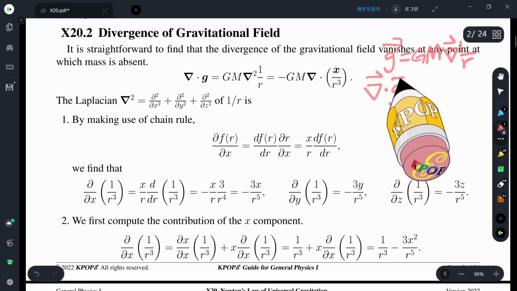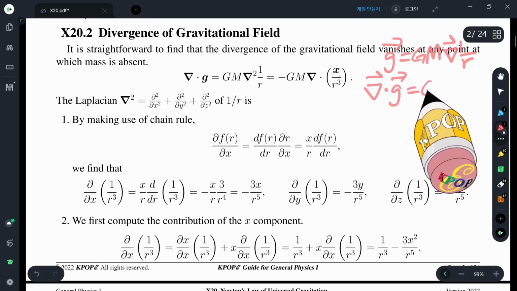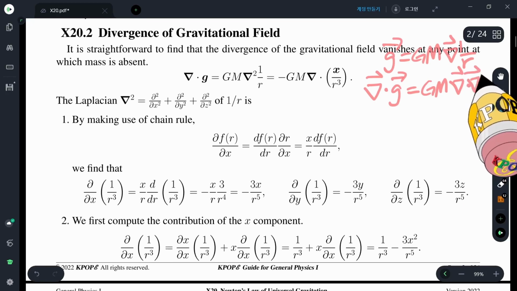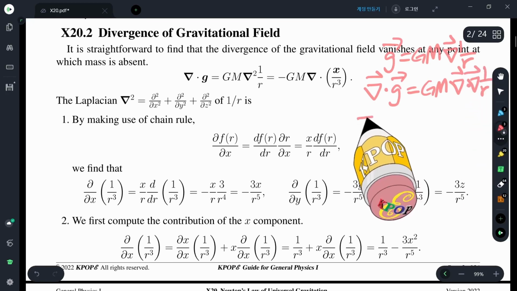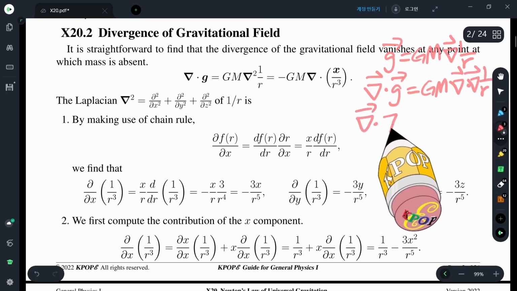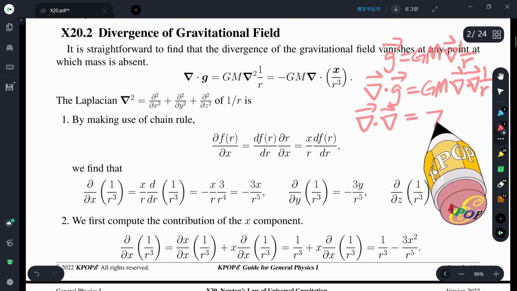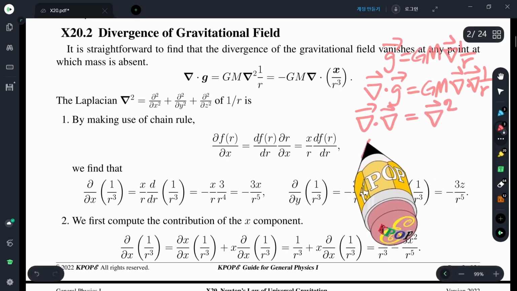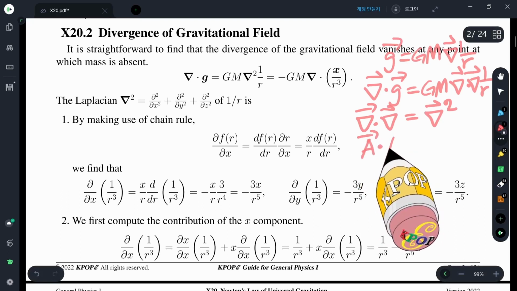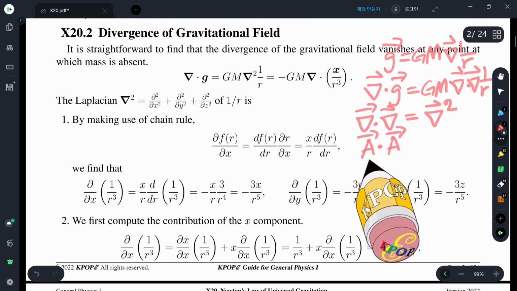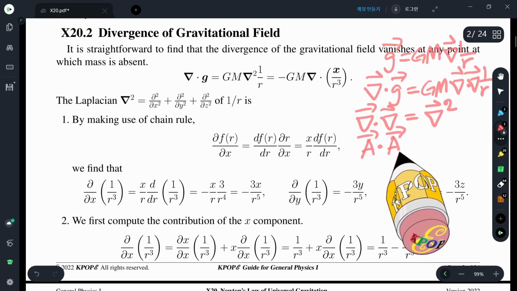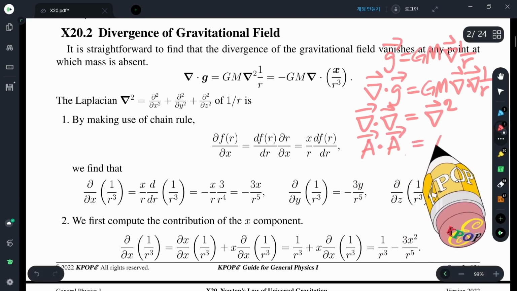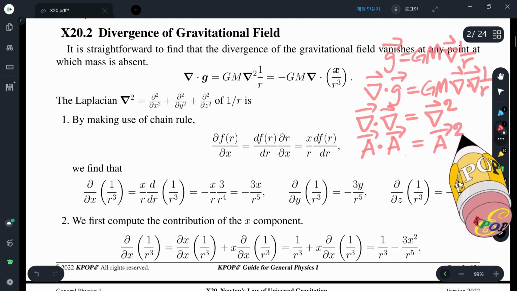The divergence of a gravitational field is GM times the divergence of the gradient of 1 over r. The divergence of a gradient is denoted by del squared, just like what we usually do for the scalar product between identical vectors, denoted by a vector squared.